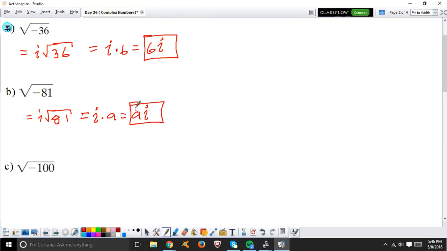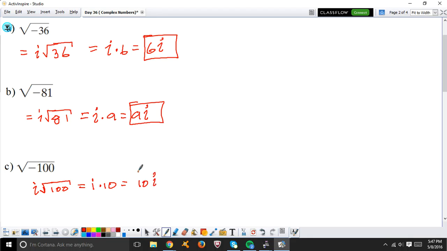Again, this is just an introduction. Take the square root of a negative number, it's an imaginary number. Now, let's look at the last example. Square root of -100 is the same as i times the square root of positive 100. And we know that the square root of 100 is just 10, so this becomes i times 10, which is just 10i.